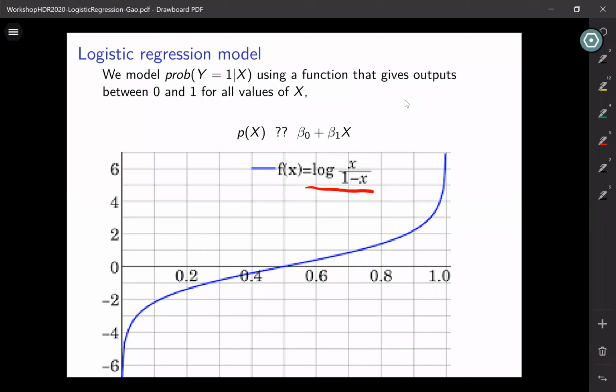Actually, this is the rationale of the logistic regression model: why we can use this function to transform the dependent variable y. Keep in mind that the curve of this function is not a straight line, and its range is from negative infinity to positive infinity. That's the same for our model. We want the range to be like that.